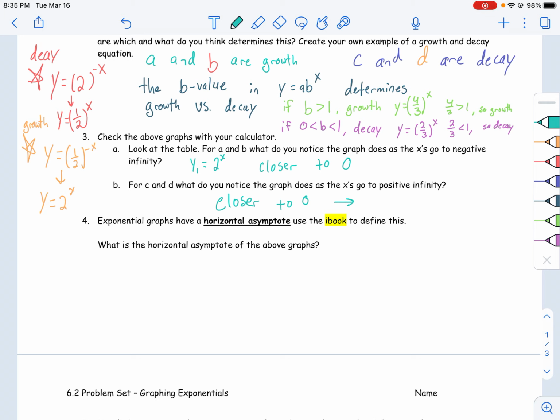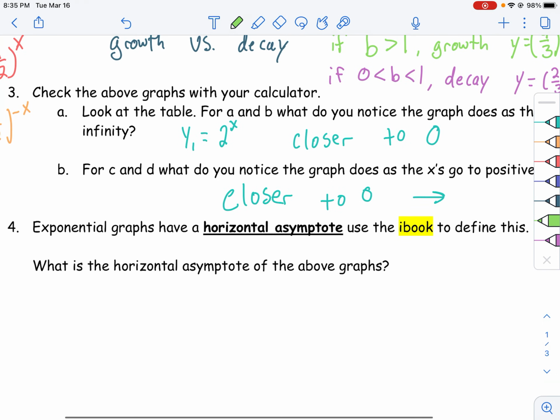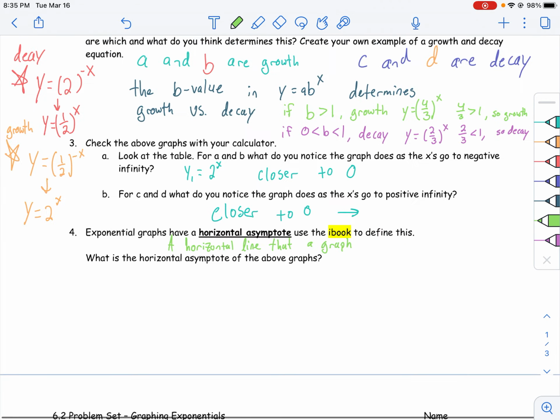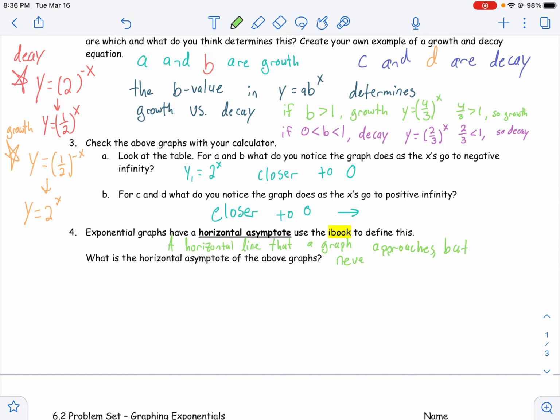Exponential graphs have a horizontal asymptote. It says use your book to define this. Well, I'll just define it right here for those watching this video. Exponential graphs have a horizontal asymptote. So that is, it's a horizontal line that a graph approaches but never touches or crosses.